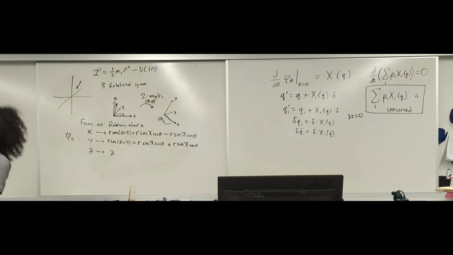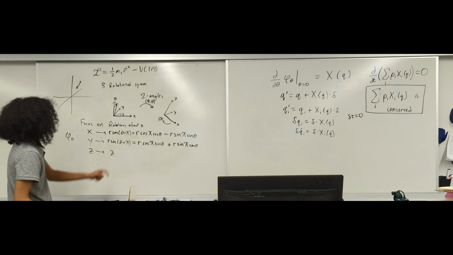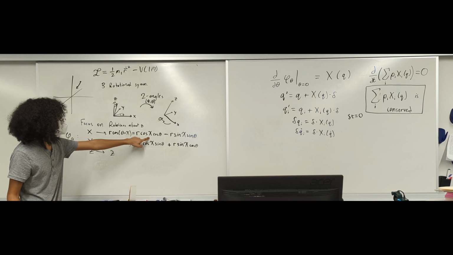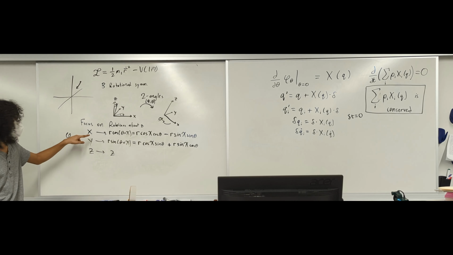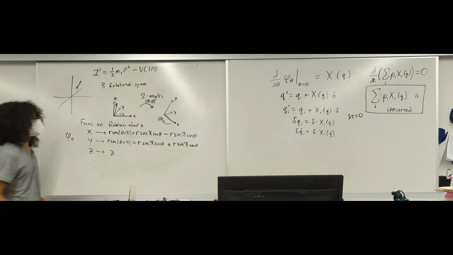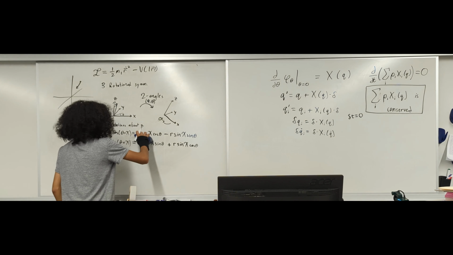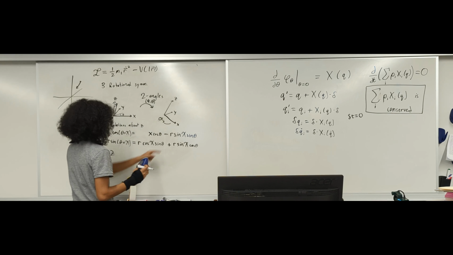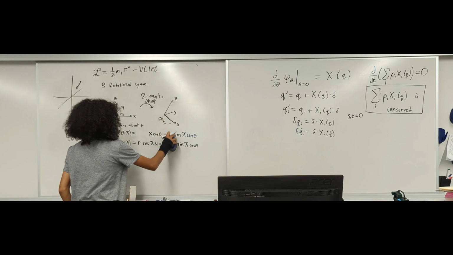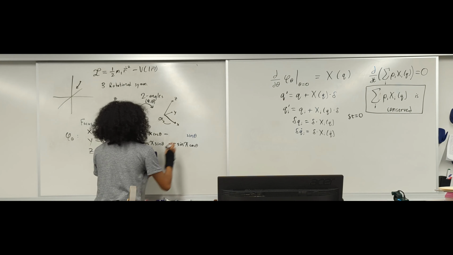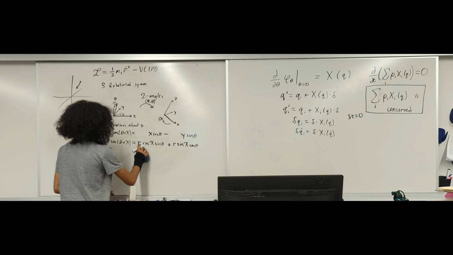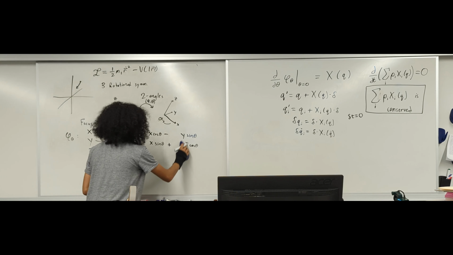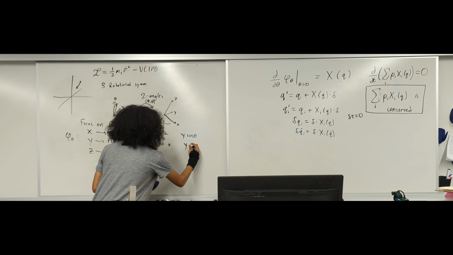But remember, this r cosine chi was the original x coordinate, because chi was the original angle. So this becomes x. R sine chi, similarly, was the original y. And this is x, and this is y.